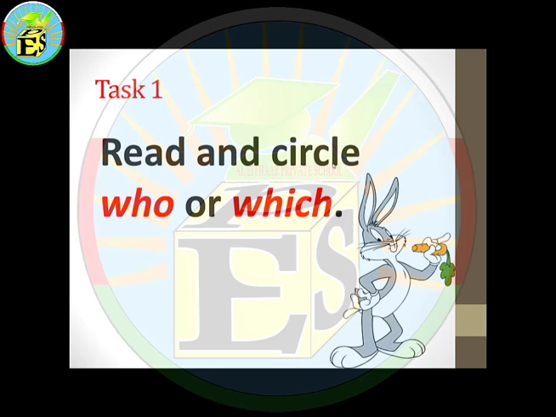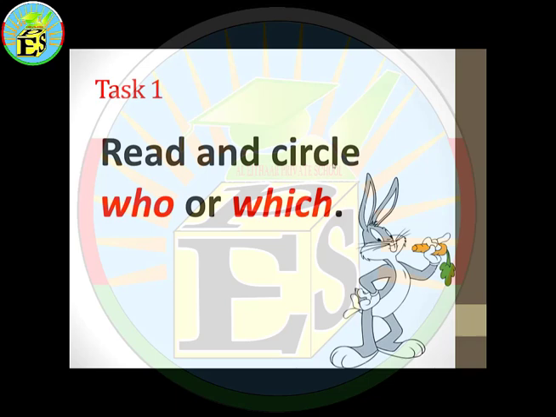Please try to think of the answers while I'm reading the sentences. Picture number 4. This is the girl who or which helped me. In this sentence, we are talking about the girl. Number 5. This is the bus who or which takes us to school.